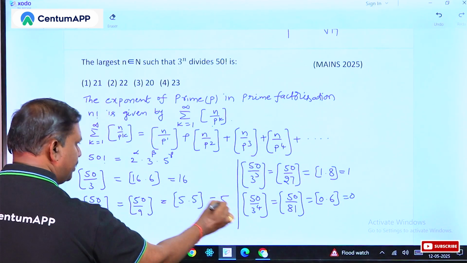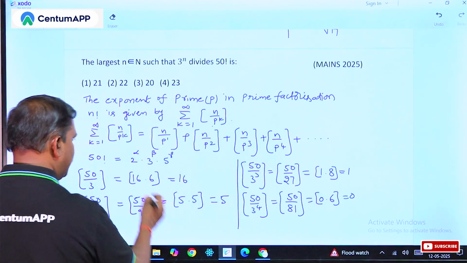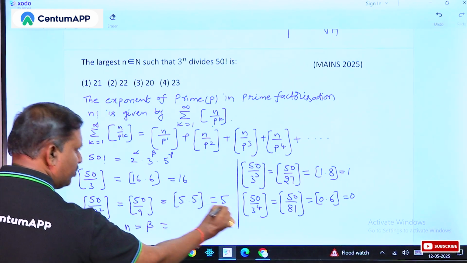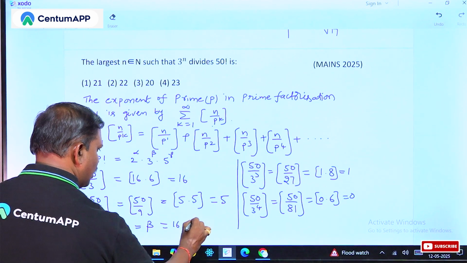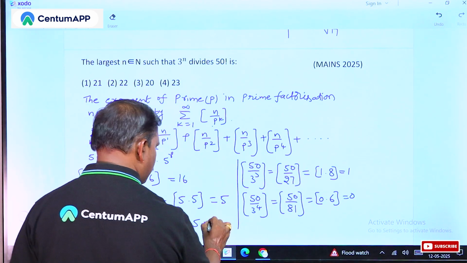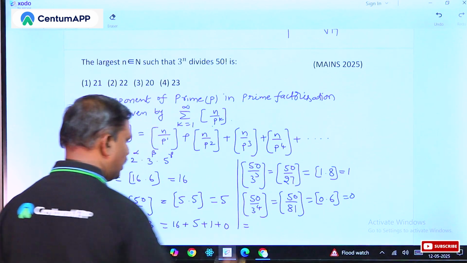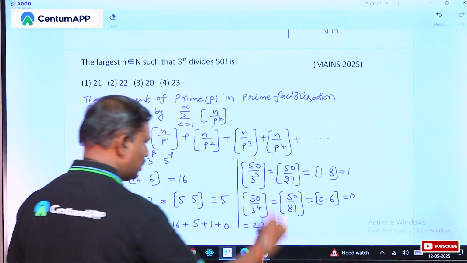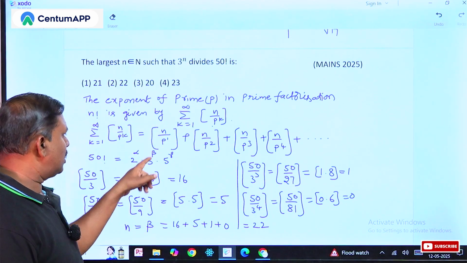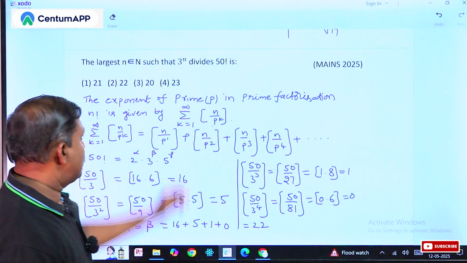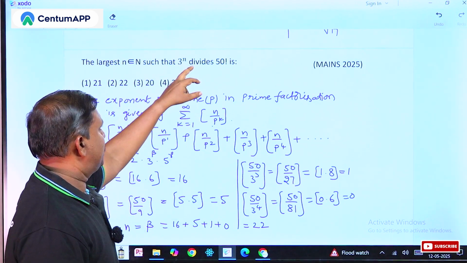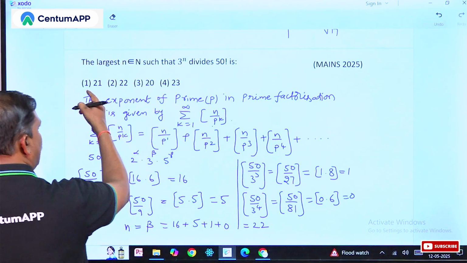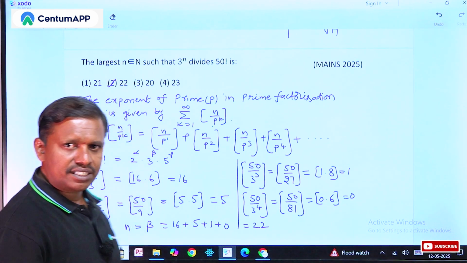That's why they asked n, which is nothing but beta. So n is equal to beta is equal to the sum of these values: 16 plus 5 plus 1 plus 0, which is 16 plus 5 is 21, 21 plus 1 is 22. Yes, see, 3 power 22 divides 50 factorial, so the n value is 22. That's why, see the options, the second option is the correct answer.